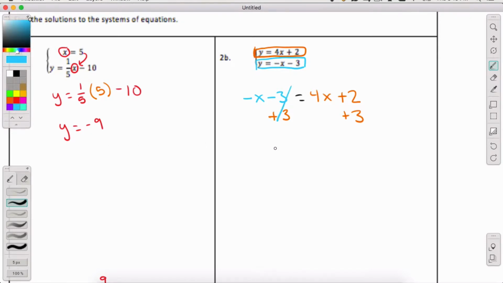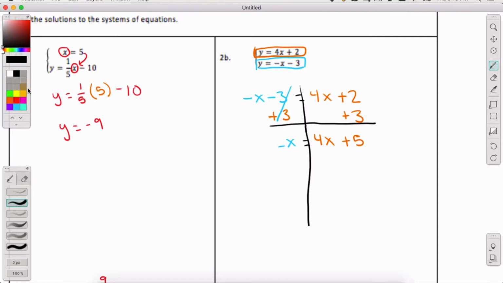This cancels out because it's 0, and you end up with -x equals 4x plus 5. And do the little line thing to keep this organized for us all.